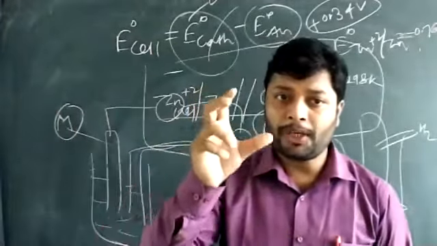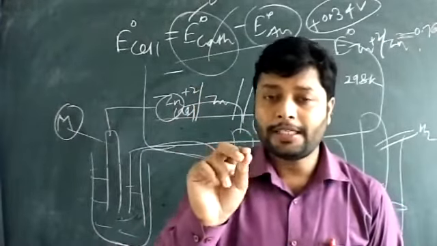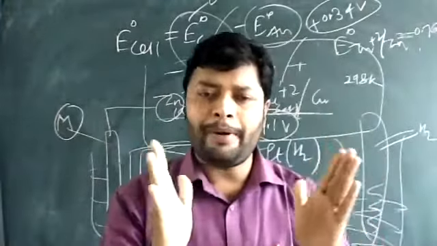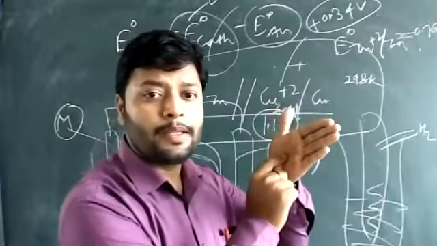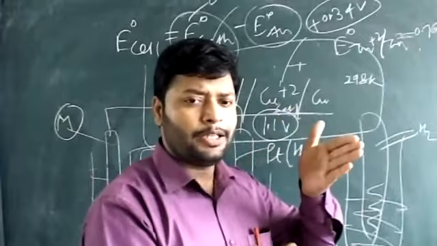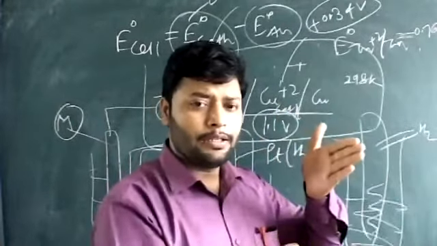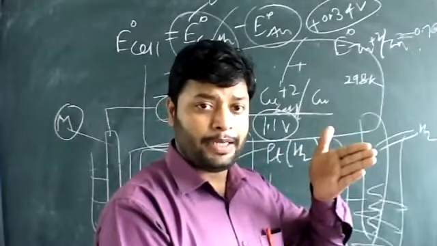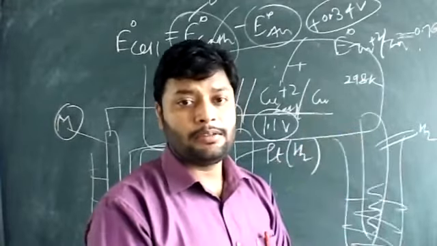Lower reduction potential value acts as reducing agent. So whenever we are having a value, we can just see the sign convention and compare which one is higher, which one is lower. The higher value will show oxidizing agent behavior. Lower value acts as reducing agent.